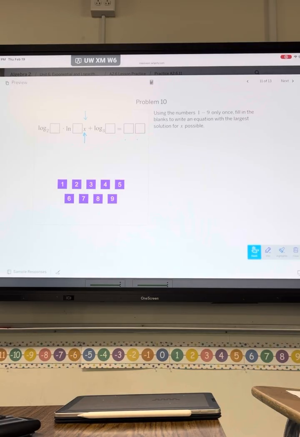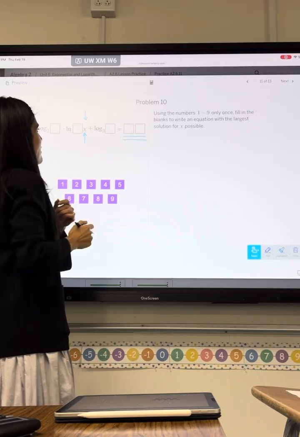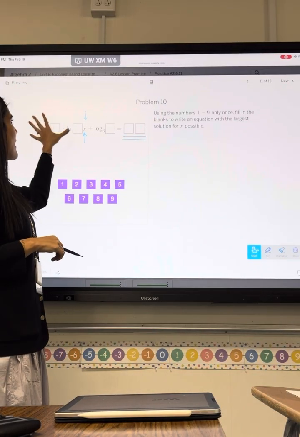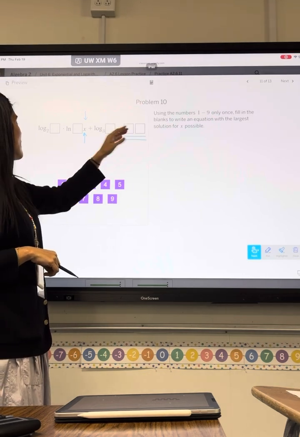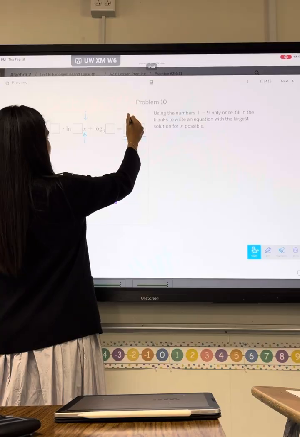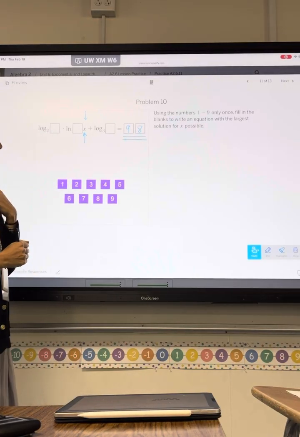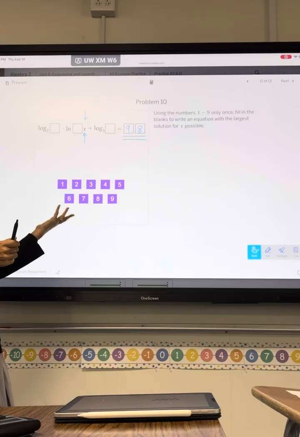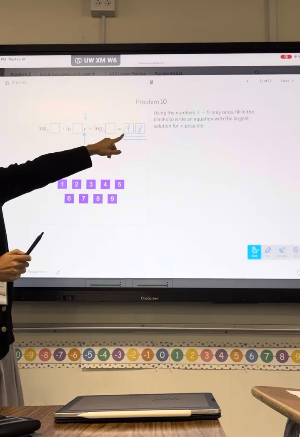I think the biggest possible thing would be to have all of this equal the biggest possible thing. That's just kind of what I'm thinking. So I'm thinking I would want like 98 over there. I could be wrong. When it plays out, we'll find out. But I'm thinking the biggest possible thing would be trying to get a 98 over there.